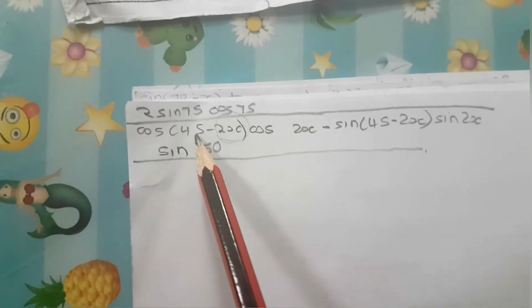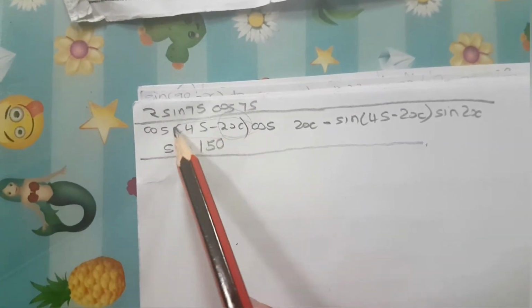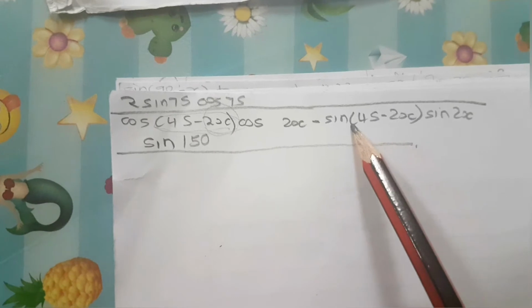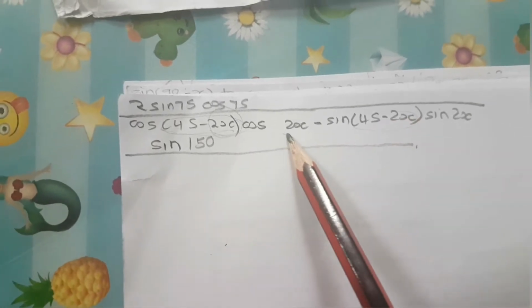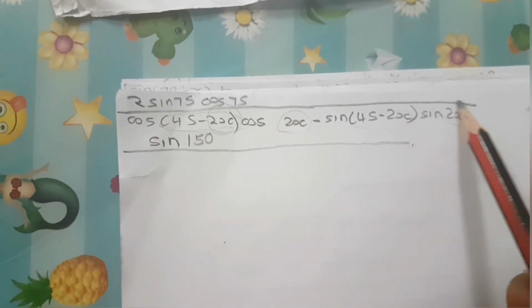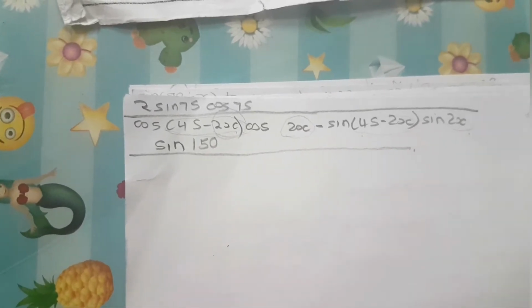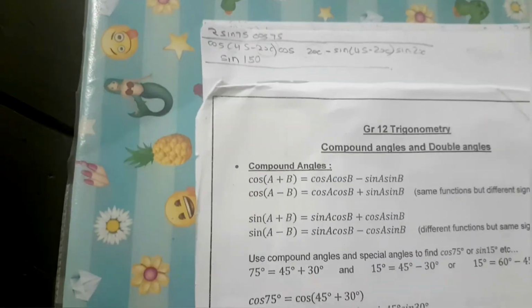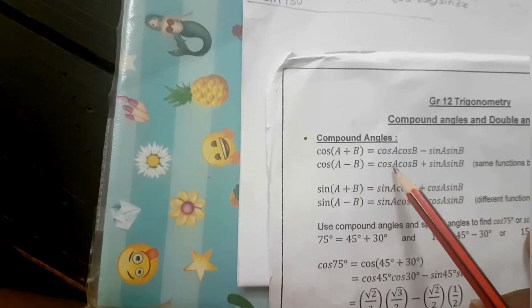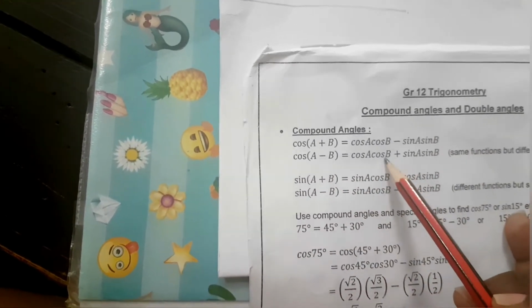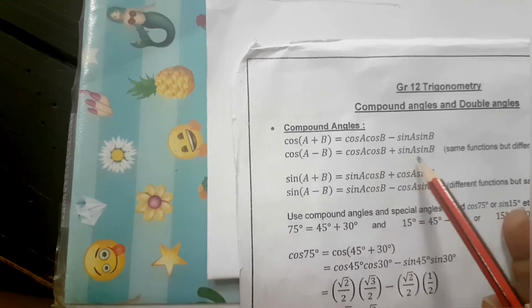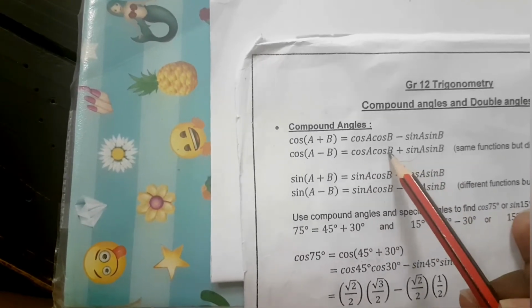Now, let's move back to our sum. From here, you can see that whatever the variable in the bracket is the same as this, and the variable here is the same as this. So, with the same variable on each side of the minus sign, you know that it comes from your compound angles. The cos rule says it can be cos a variable, sin, where the variables are shared.